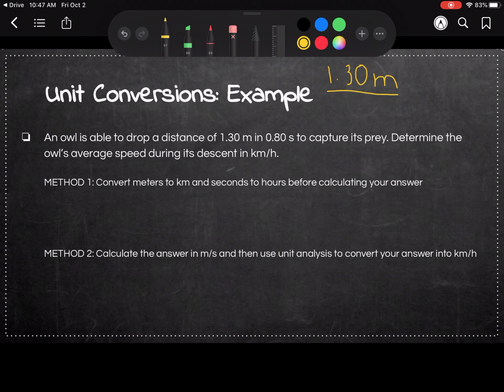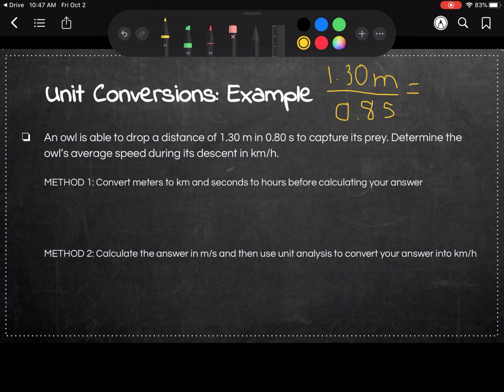So this is its meters per second number. What I'm going to do here is just figure out what that actually is in meters per second.